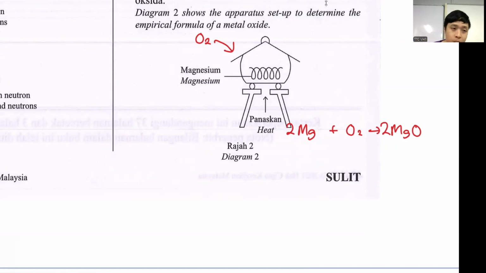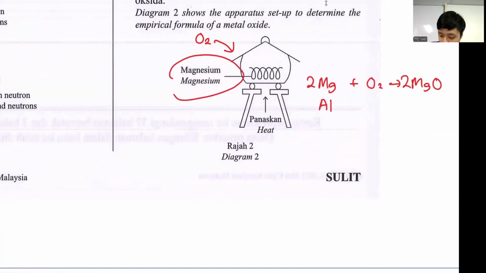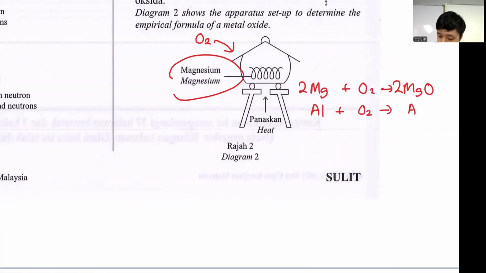You have two: either you can use aluminum reacting with oxygen, or you can also use zinc reacting with oxygen.